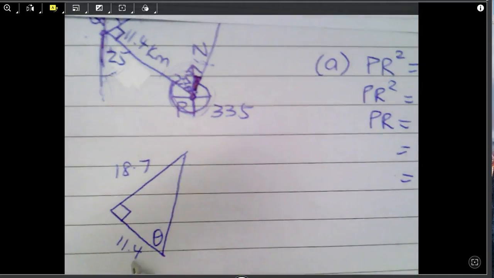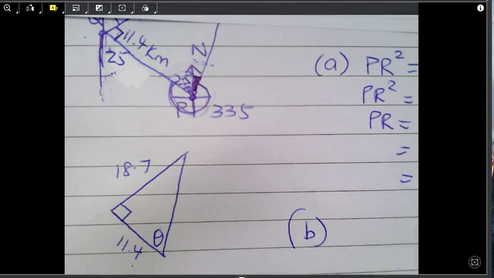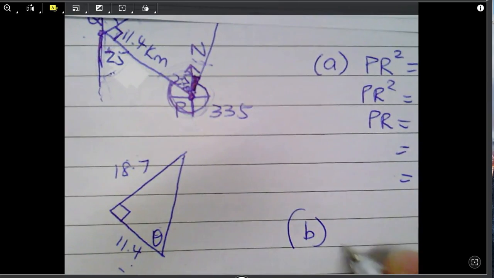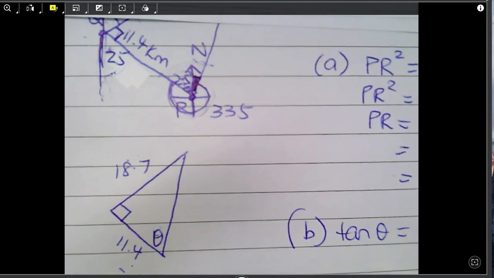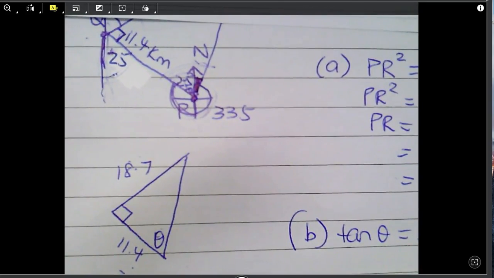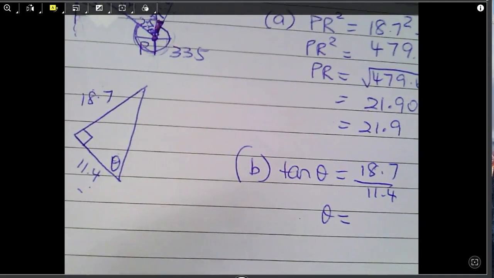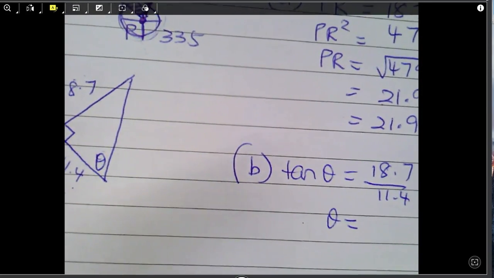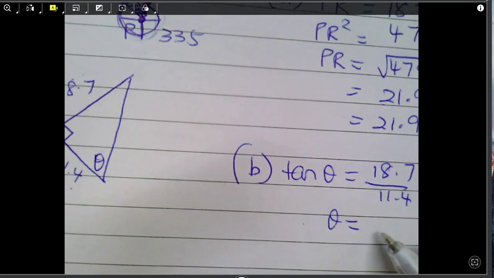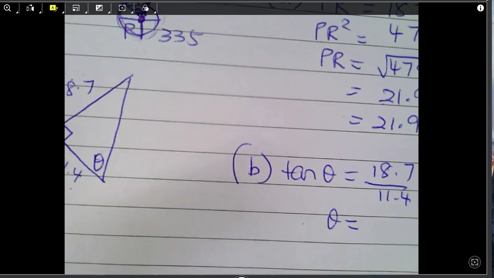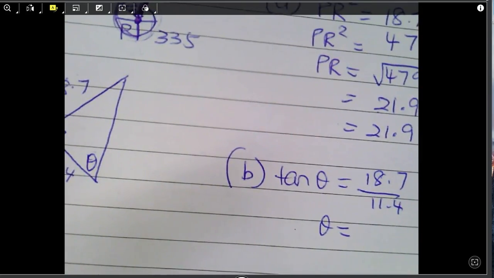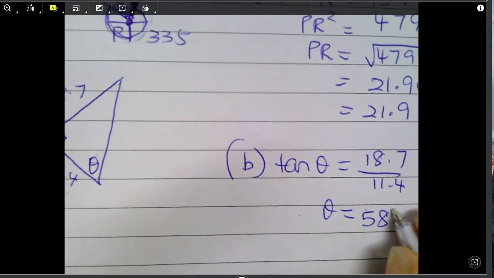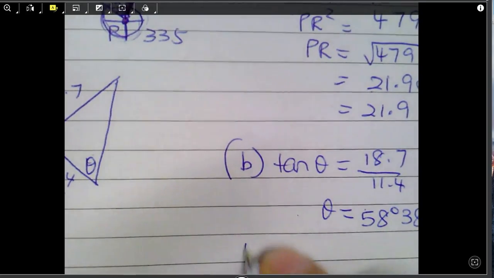So here I'm going to need to use sine, cos, or tan. These are tricky, girls. Tan theta is 18.7 over 11.4. Has anyone worked out what theta is? Tan theta is 18.7 over 11.4. Anyone? 58 degrees 38 minutes.